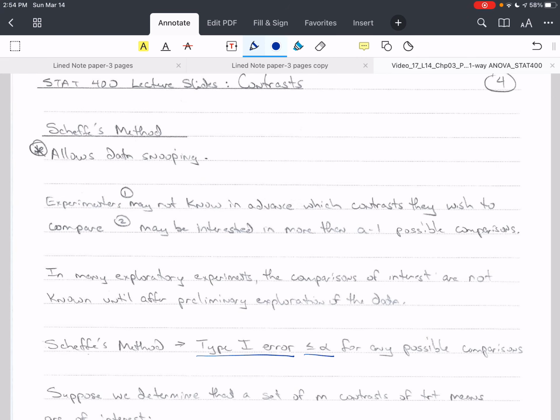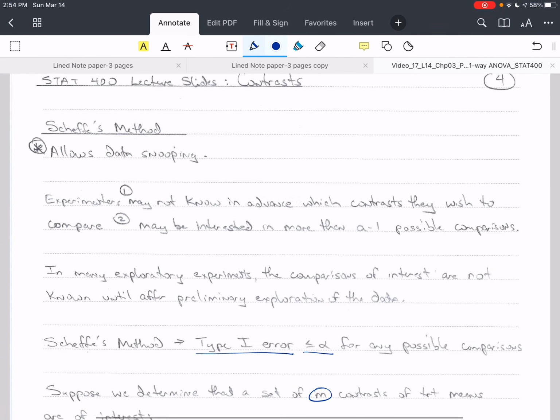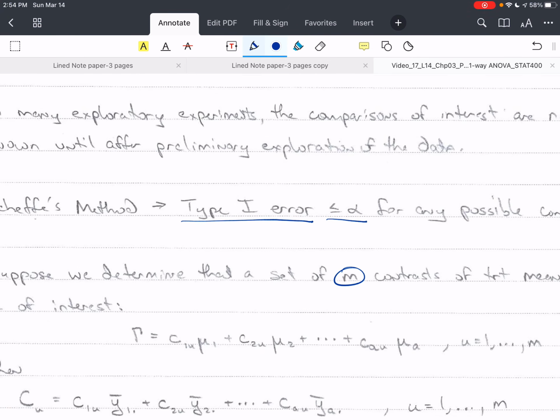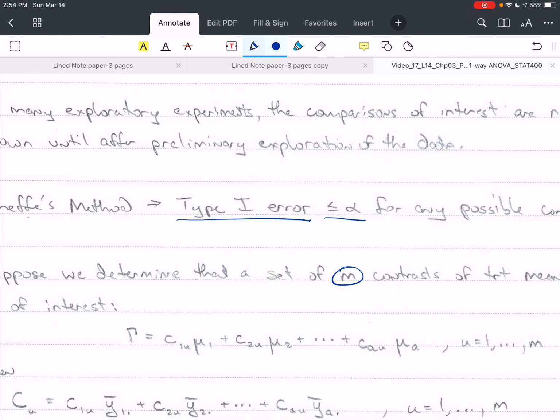Suppose that we want to determine a set of M different contrasts of the treatment means. I'm going to zoom in. We could give 2 indices to C. We still only have the 1 index for the treatment means.